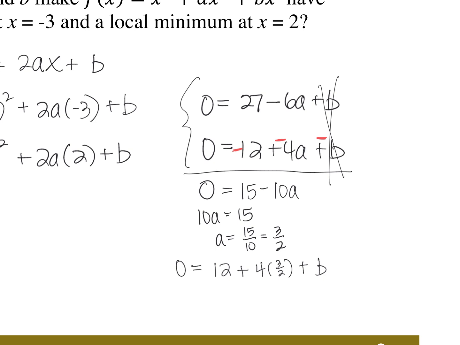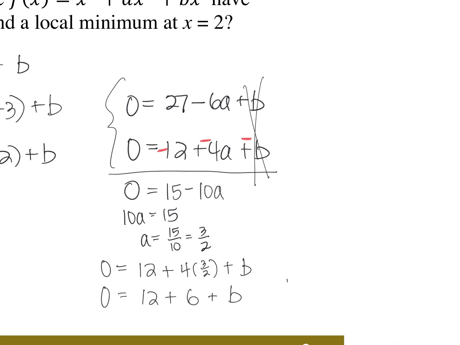Because 4 times 3/2 is 6, b has to be negative 18. So my values that make this work are 3/2 for a and negative 18 for b.